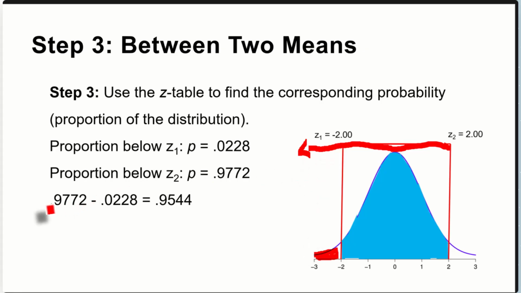So we're taking 0.9772, which is everything below z-score 2, minus this little tail, and what we end up with is 0.9544, which describes what is between. Once we take the total area below z-score 2 minus whatever is in this tail, what we're left with is what's between those two z-scores.